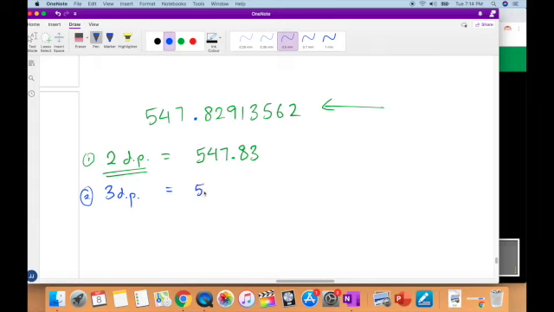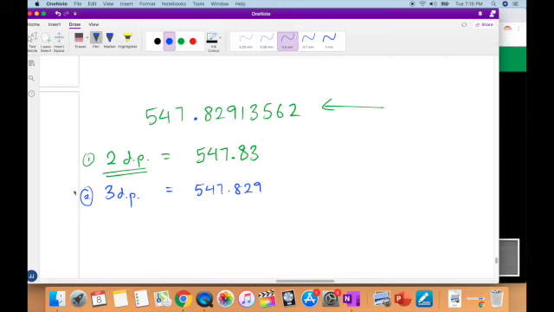Right, 547.829. I want 3 decimal places, so from the point, I will check 1, 2, 3. So I want the 8, the 2, and the 9, but I have to check this number after. This number is less than 5, so that means that I don't have to do anything to the 9. I don't have to round it up or anything like that.